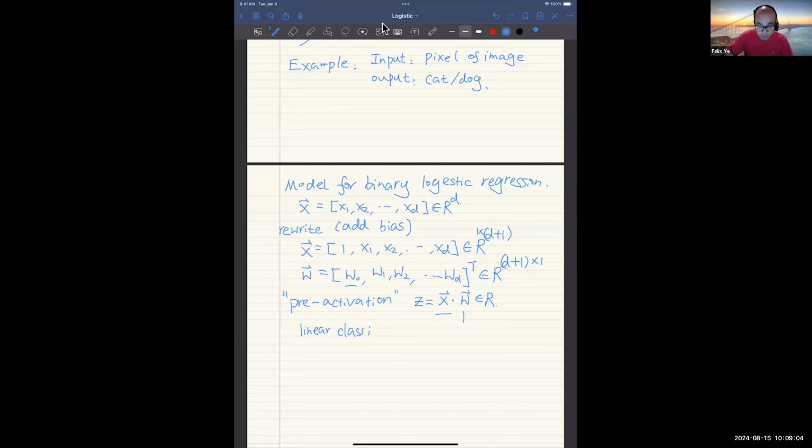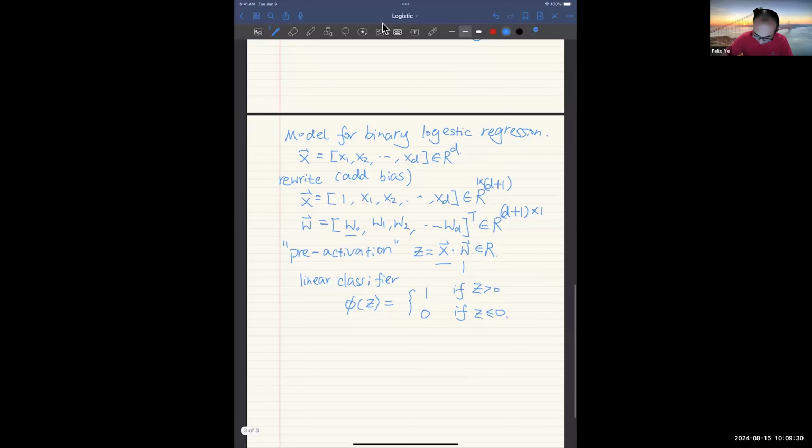Say phi of z is equal to 1 if z is bigger than 0, and 0 if z is less than or equal to 0. This is called the Perceptron. This whole model is called the Perceptron.